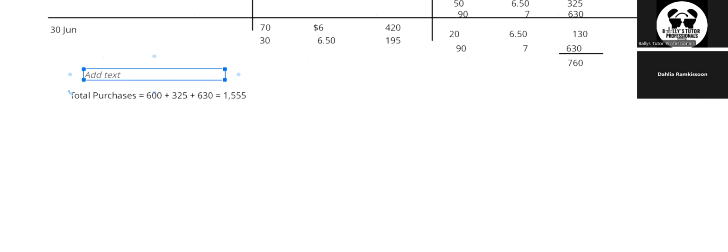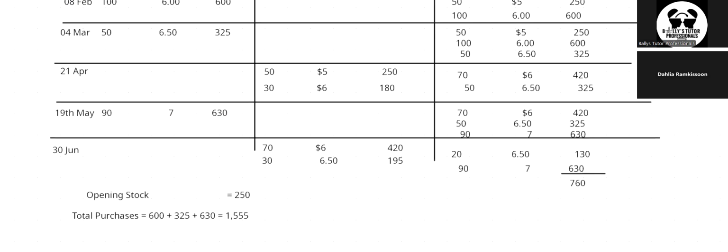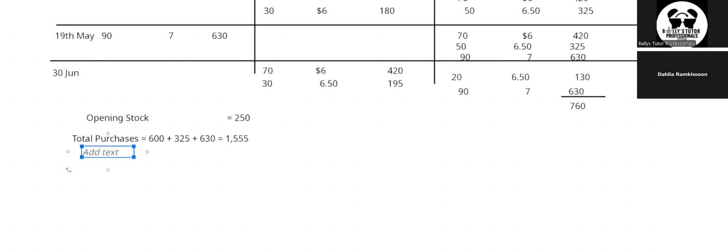And then my closing inventory, the value of my stock at the end of the year, would be this 760. And then lastly, I could calculate my sales.